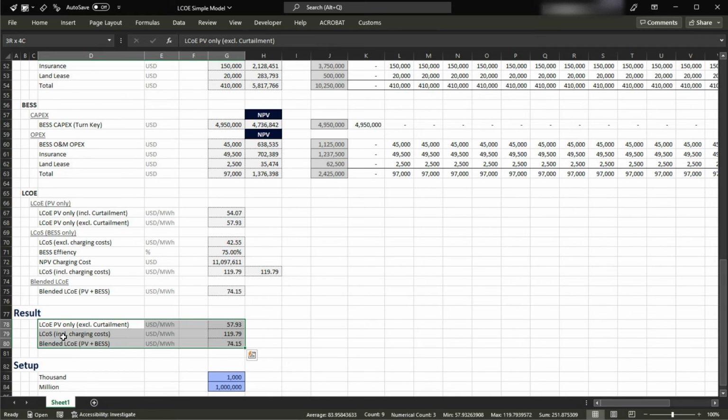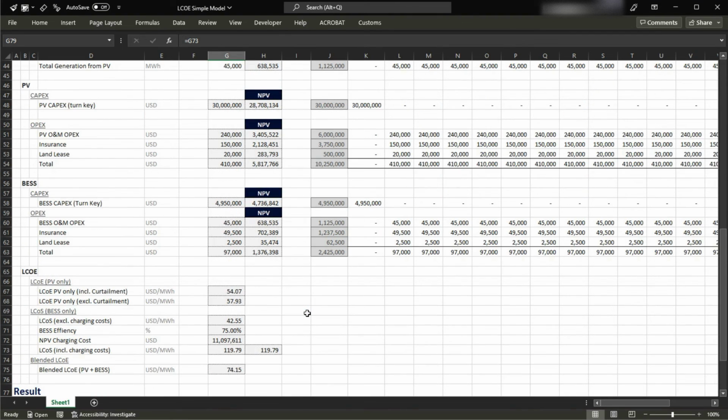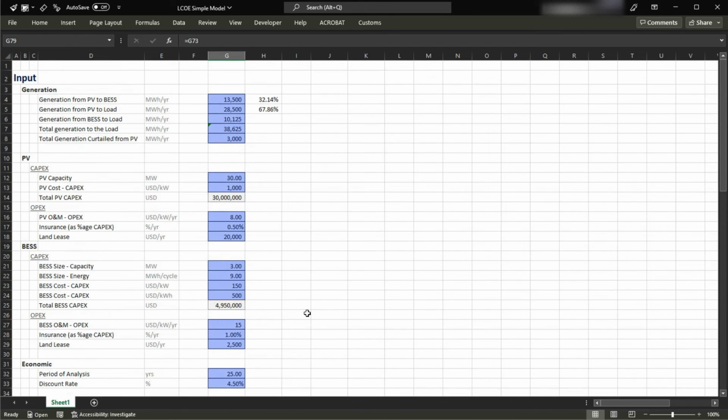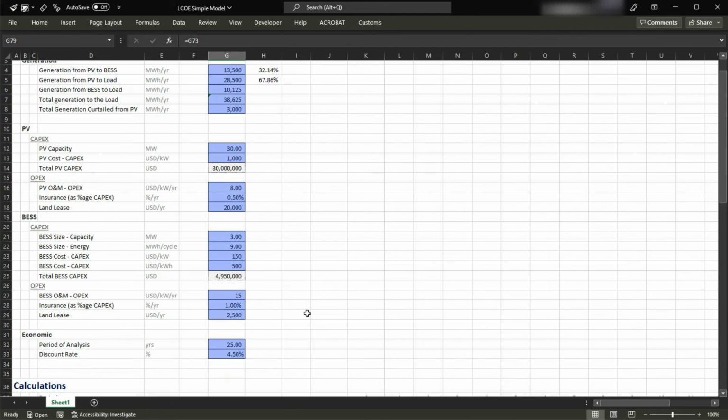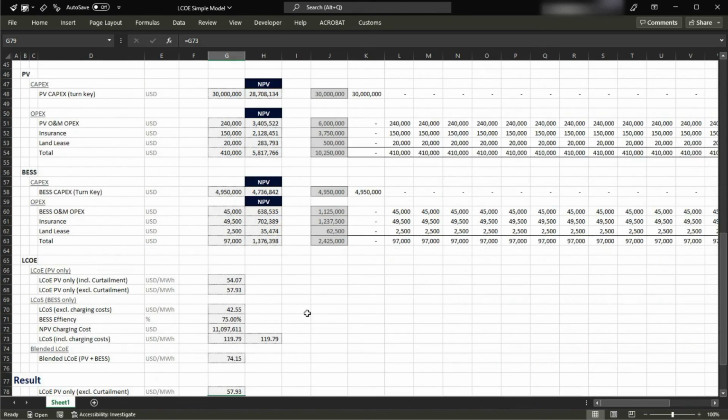Before we finalize this video, let's check if there's anything else that I forgot here, any formatting or anything we need to do in order to improve the model. I don't see anything in particular, but as you can see, the model is growing in size and we have more and more rows.